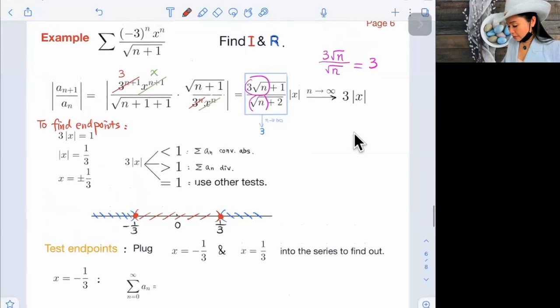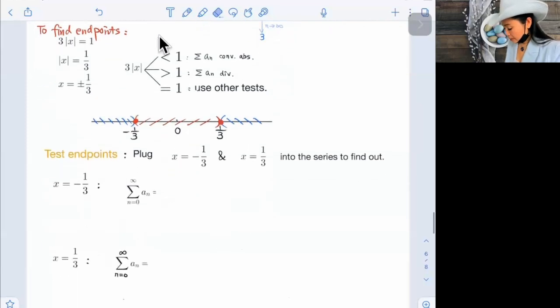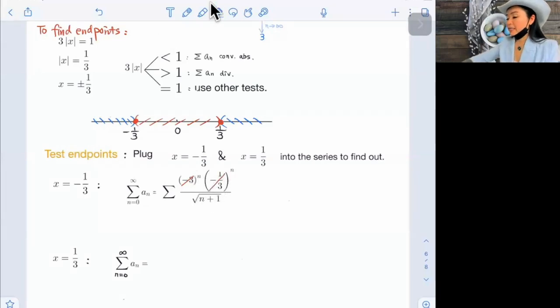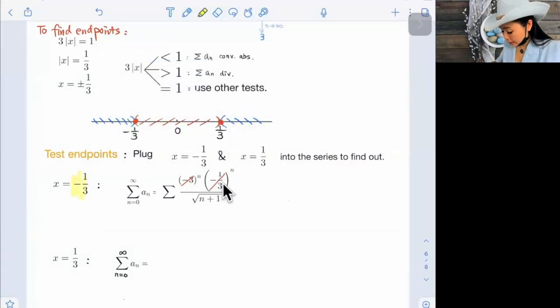Okay, so let's see. If it's negative 1/3, let's put it here. We're going to get this, right? So you substitute this negative 1/3 in here. X is negative 1/3, so you put it over here. What happens when they are both raised to the n power?